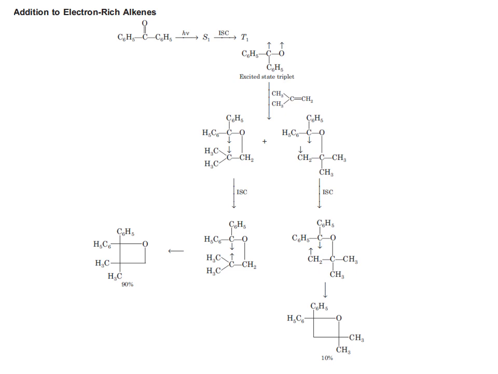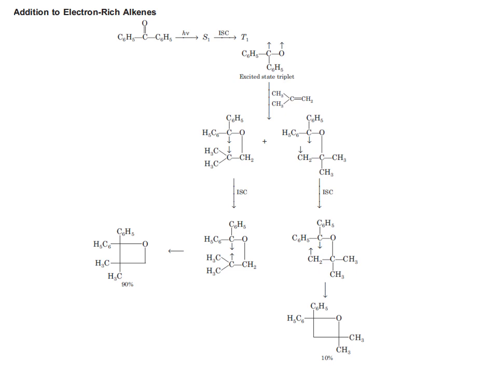This excited triplet reacts with the electron-rich alkene molecule and produces this triplet derivative, and then intersystem crossing, the spin inversion, happens and finally gives this 10% oxetane derivative. And this is the other triplet one. Here it goes through another spin inversion process, followed by cyclization to give the 90% yield.